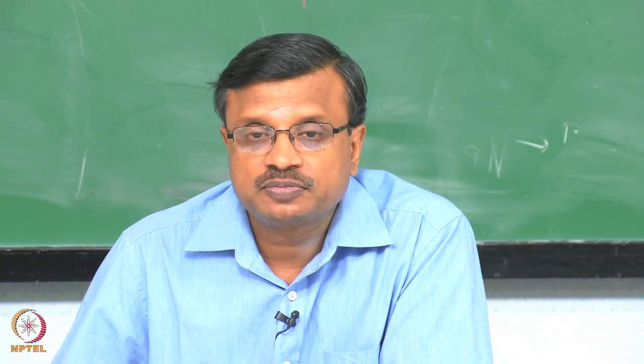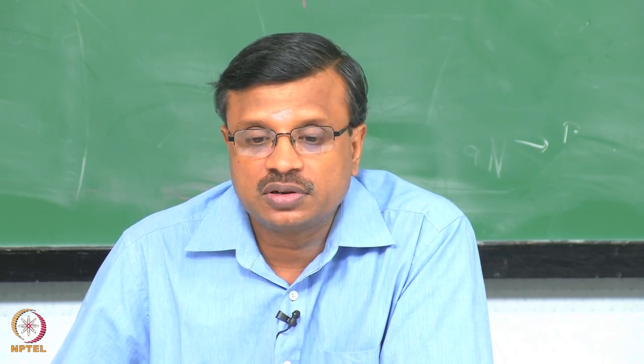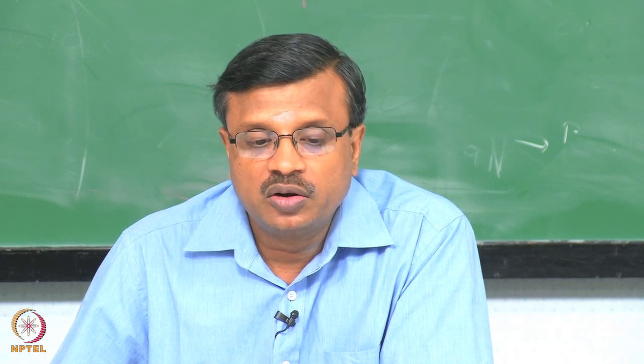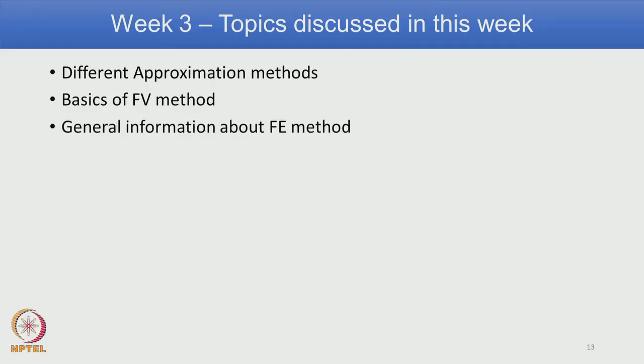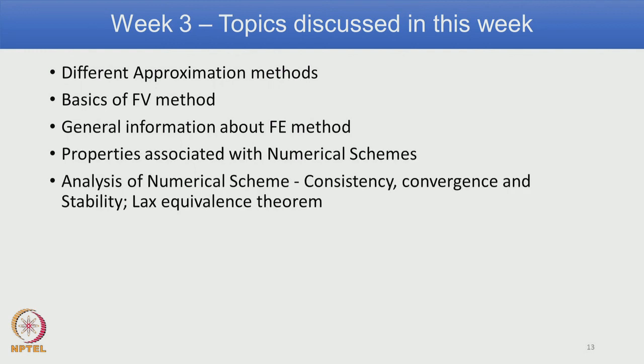With this class we have come to the end of this week, and we have touched upon the initial aspects of CFD, that is basic information about finite volume, finite difference and finite element methods, properties associated with the numerical scheme, conservativeness, transportiveness, boundedness, how to analyze a numerical scheme, consistency, convergence and stability, and explanation with different model equations. Thank you.